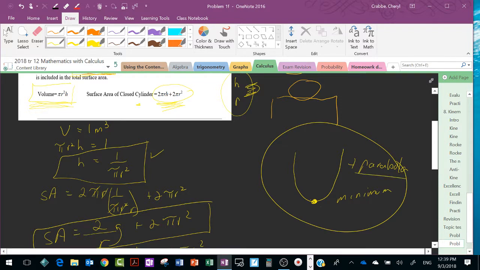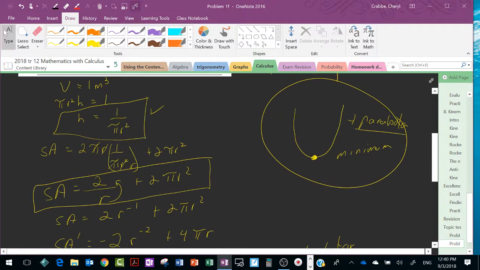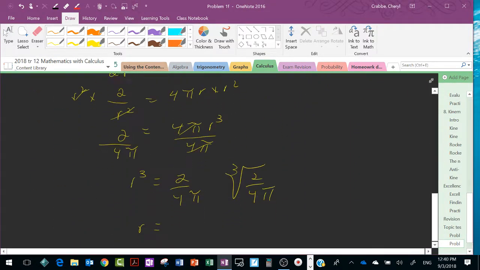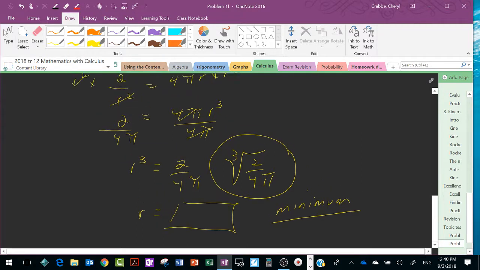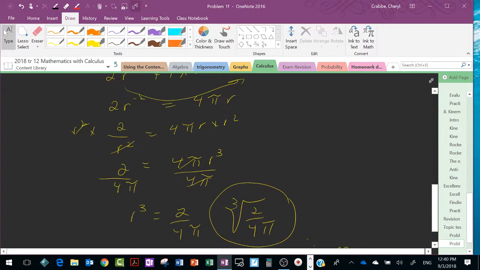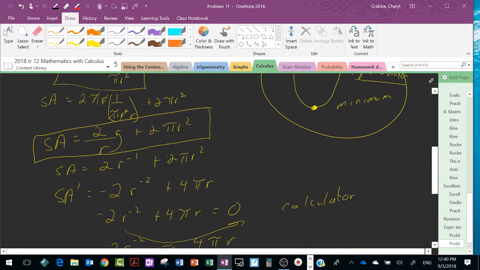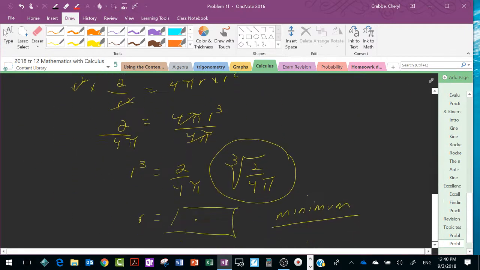So when I find R, when I do the cube root of this, it's going to be a minimum point. I know it's a minimum point because I'm dealing with a positive cubic. So I don't need to do a whole lot of nature of the roots and things like that. Once I get this value, then I can simply plug it in to my original formula, the one with just the R's in it, and solve.